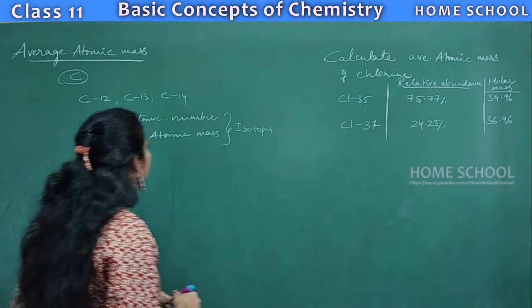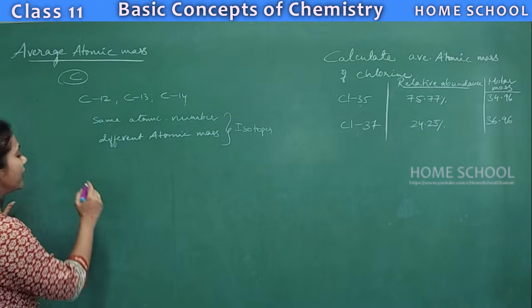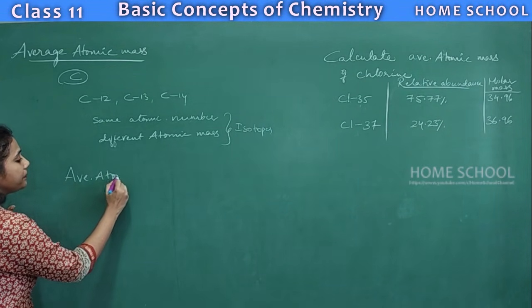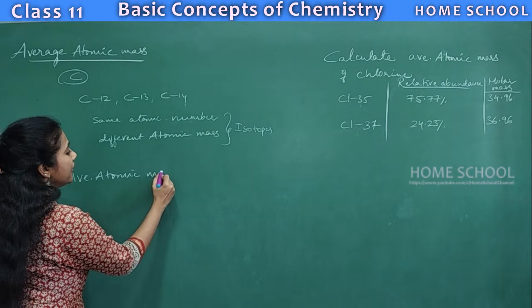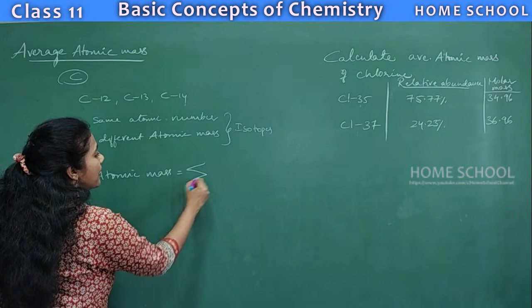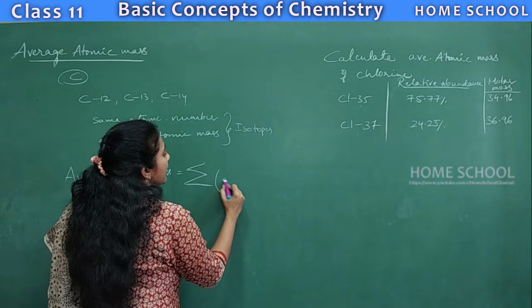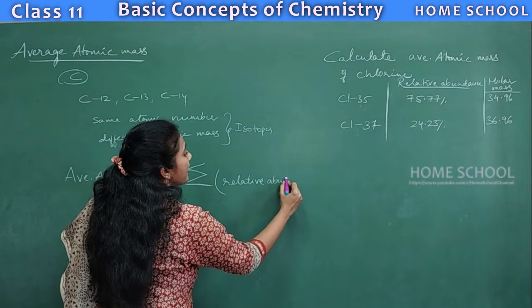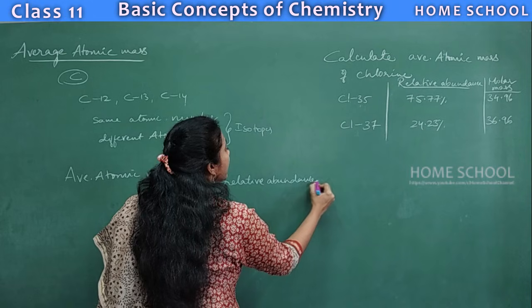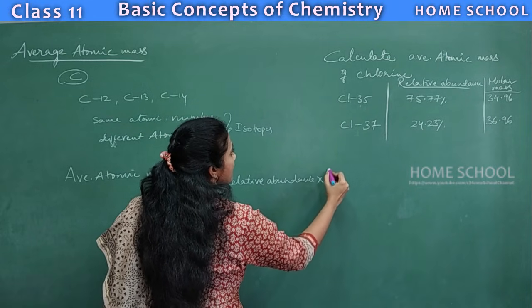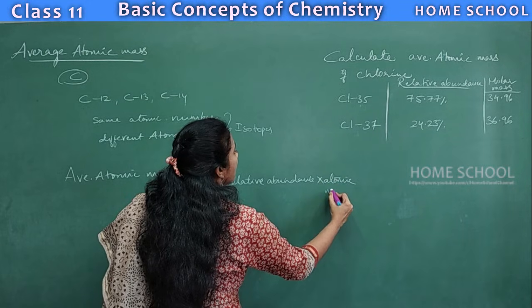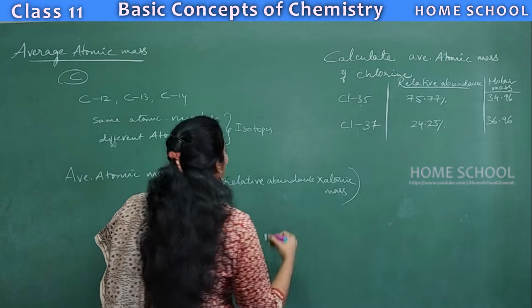Now I'm giving you a formula to calculate average atomic mass. Average atomic mass is calculated with this formula: summation of relative abundance into atomic mass of isotope.